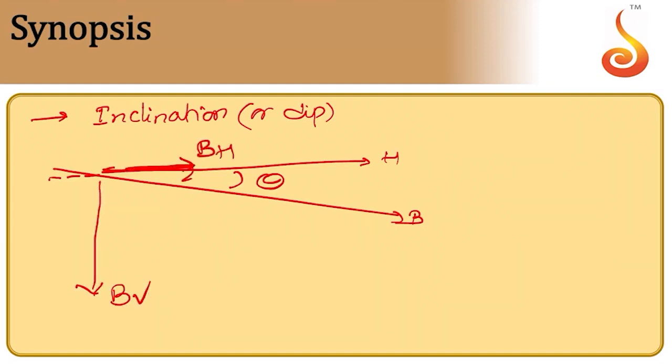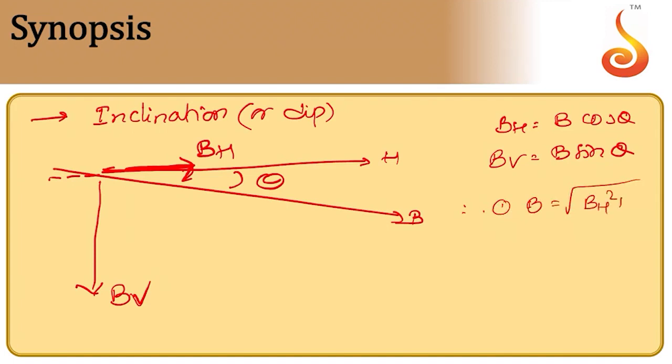BH is the horizontal component of the Earth's magnetic field and BV is the vertical component of the Earth's magnetic field. So, what we can write is BH is equal to B cos theta and BV is equal to B sin theta. So, the resultant Earth's magnetic field B is equal to the square root of BH square plus BV square.